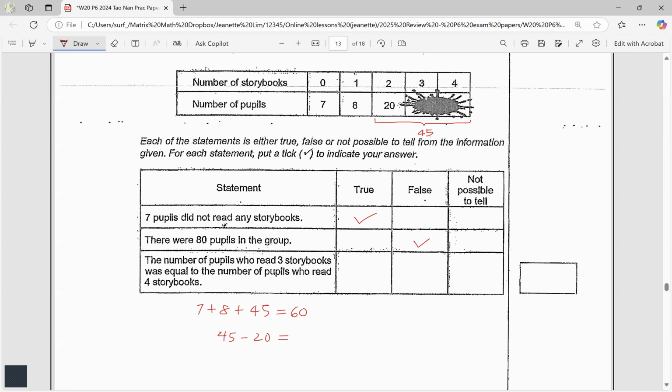So now we ask ourselves, can it be equal? If you have 25 pupils, you can't have half a pupil, so 25 cannot be divided by 2. It's not possible to tell, because with an odd number, you cannot have it equal in these 2 columns.